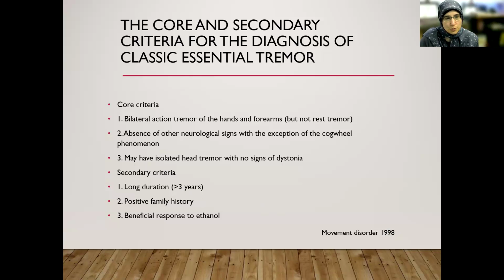An individual should have this tremor for at least over 3 years. They may have, as I said, positive family history, and they may have a beneficial response to alcohol, meaning that if they take alcohol, they may feel that their tremor gets better.